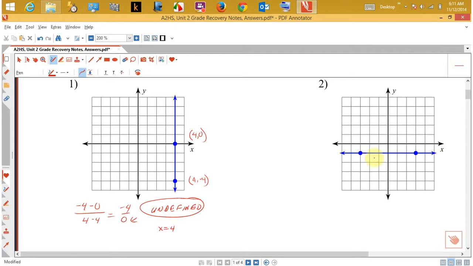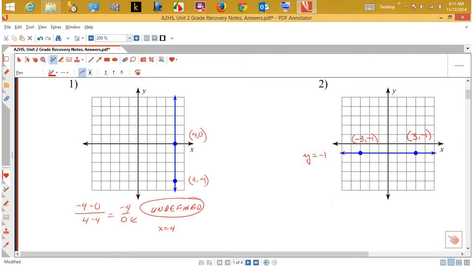This would be the line y equals negative 1. That's the equation of the line. And finding the slope, the points are negative 3, negative 1, and 3, negative 1. So let's find the slope.